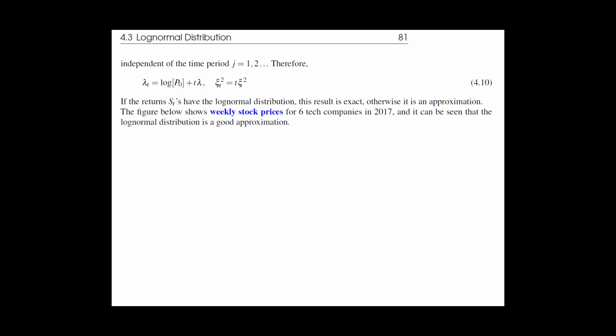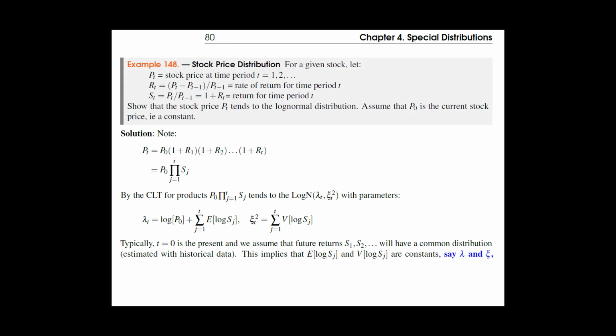We can talk about stock prices. This would be a very typical application of the log normal, because you see here the price of a stock, or really the price of anything, you could say it's the original price plus the rate of return, like the growth rate, in each year.